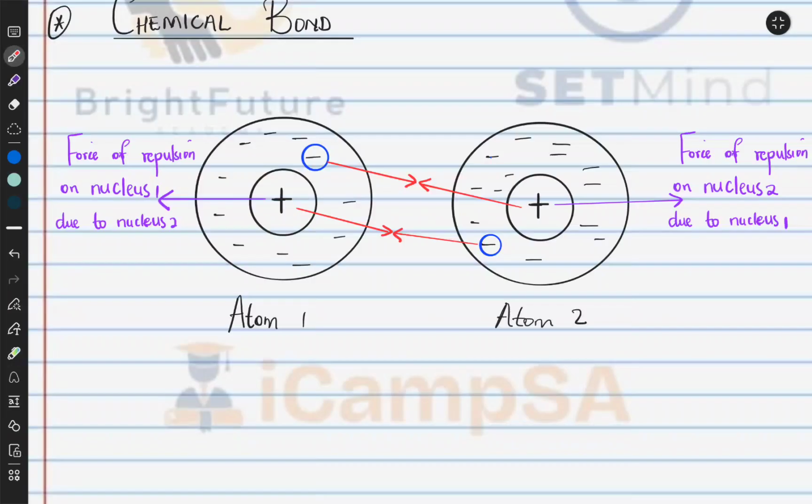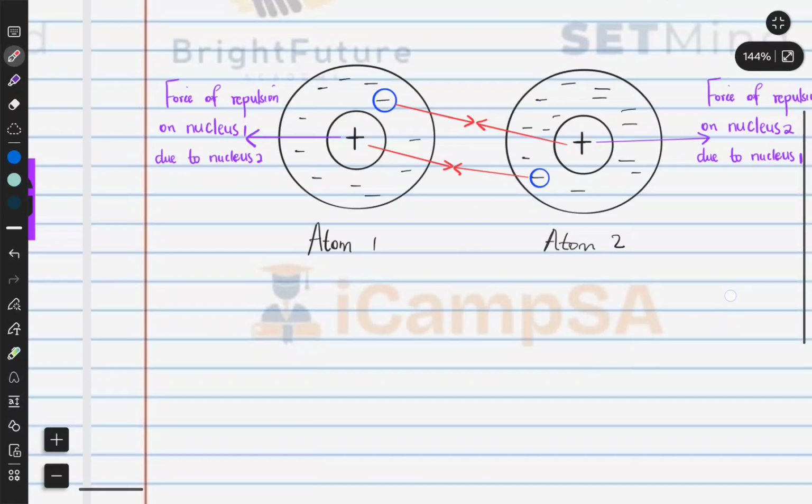If we sum those forces and we find the net force, if that net force is net attractive, then these two atoms will form what we call a chemical bond. But if that net is repulsive, then these two atoms will not form a chemical bond. So now that's how a chemical bond is formed.